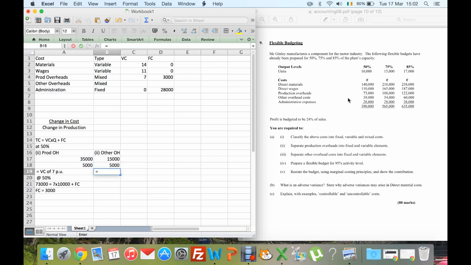So that's variable cost of 3 per unit. So put that up here. So I'm going to again choose 50%.